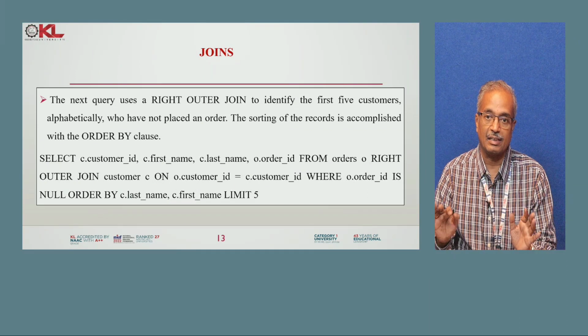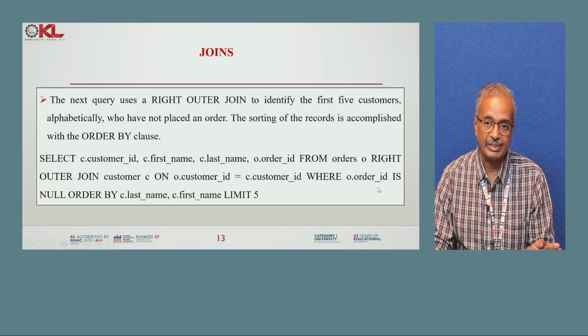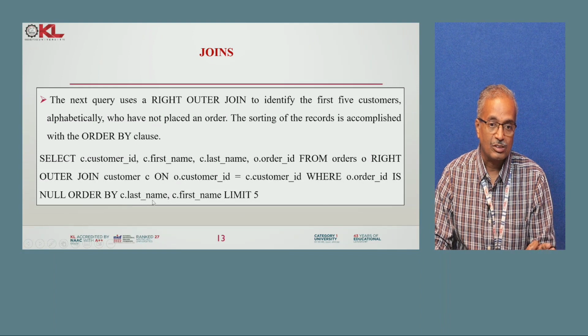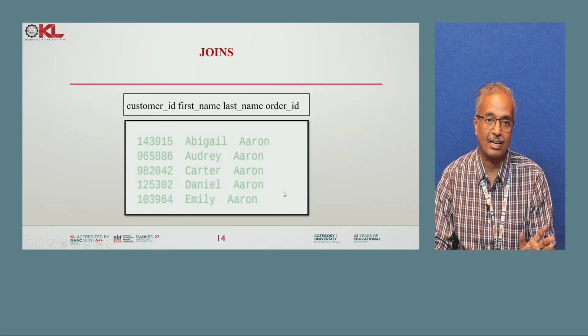This is the condition we are using: the order ID is null, order by last name, first name, limit to how many? 5. 5 means only 5 records will be displayed as output.